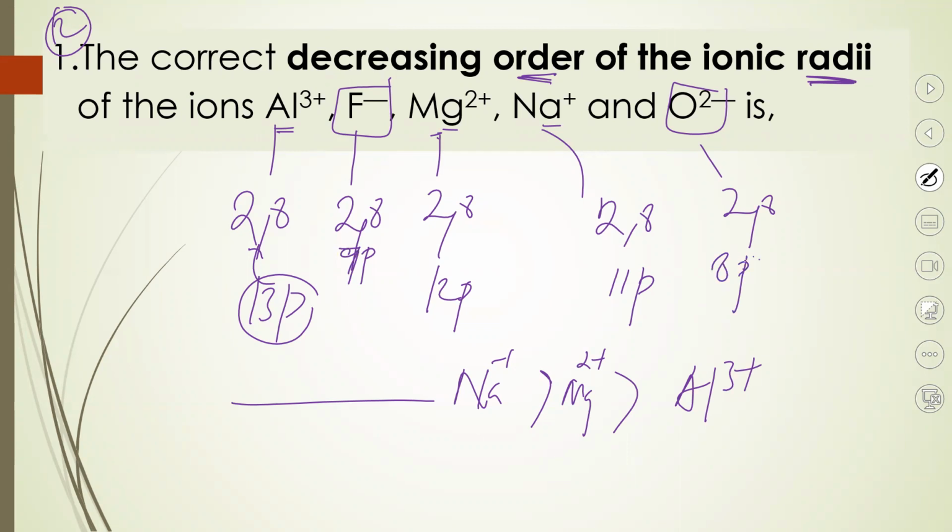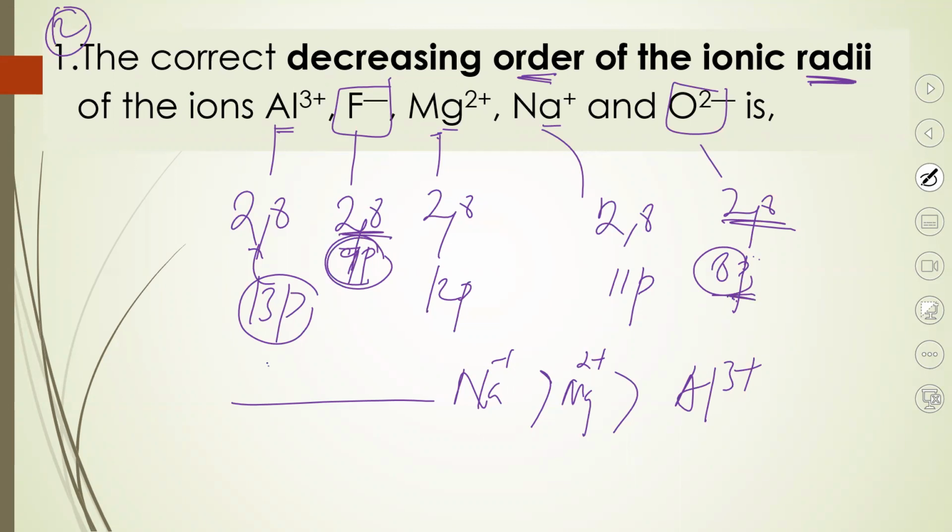It is very clear. 8 protons have to attract 10 electrons, 9 protons will attract 10 electrons. So this one is more difficult, isn't it? It will become a big one. Compared to 9 protons attracting 10 electrons, 8 protons attracting 10 electrons is more difficult.